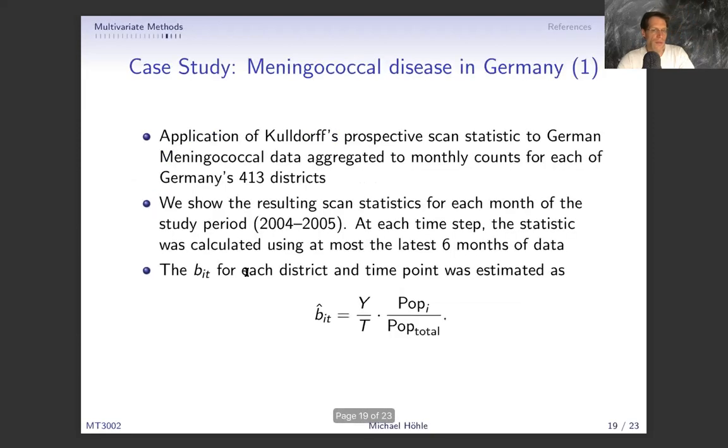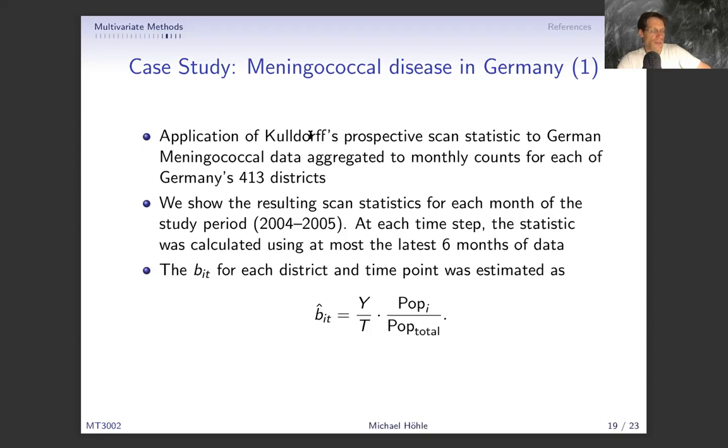So maybe without further ado, let's look at how this can be applied to monthly counts of meningococcal diseases in Germany, which is work from a paper we worked on, trying to model how this meningococcal disease spreads in space and time. One of the objectives was also to be able to detect clusters in time.